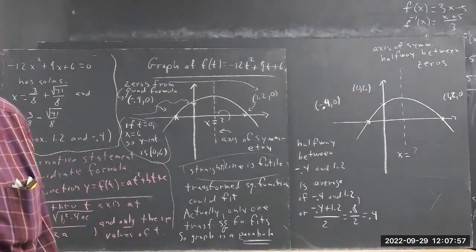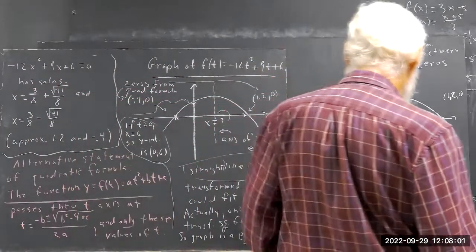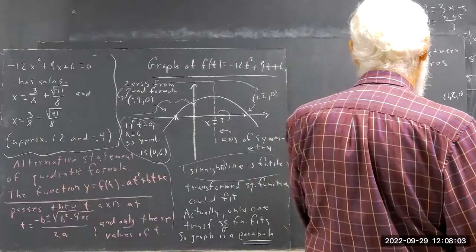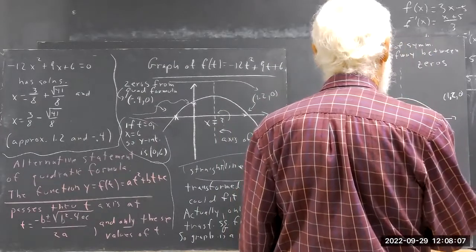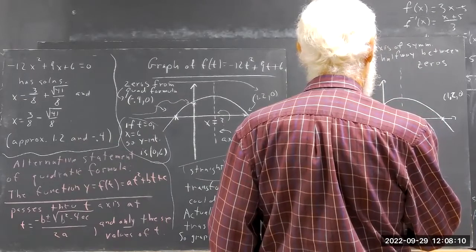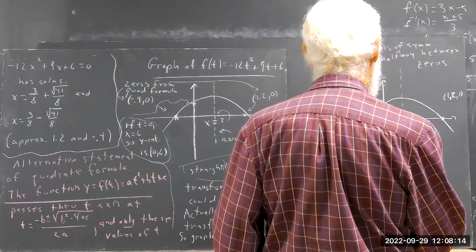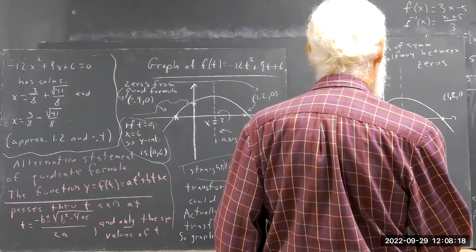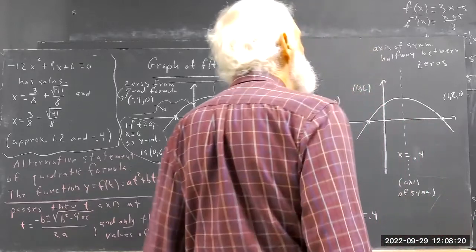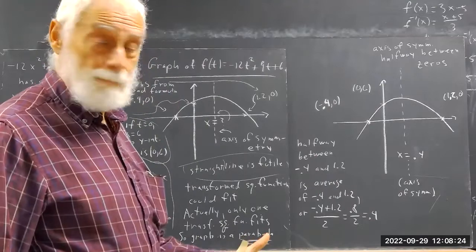So now x is 0.4 on this axis of symmetry. Any question on that?